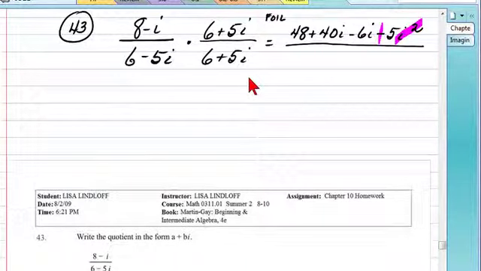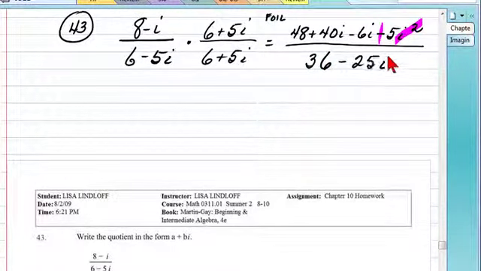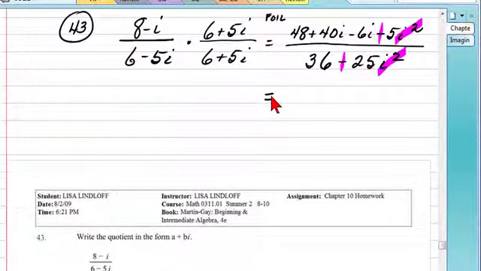I need to go ahead and multiply the bottom. Product of the first is 36. Outers and inners cancel. Product of the last is minus 25i squared. There's another i squared. Get rid of the i squared, change the sign of the term because i squared is equal to negative 1. All right, that gives me, in the numerator, do you see a 48 and a plus 5 are the reals?